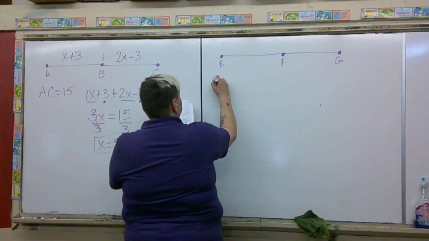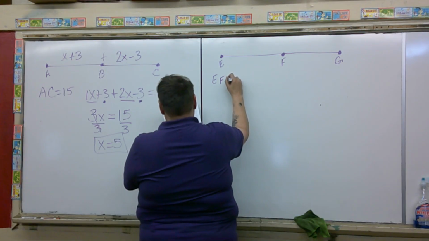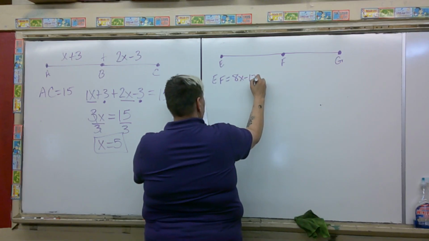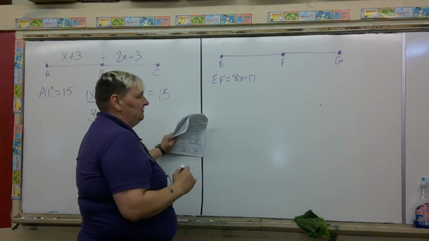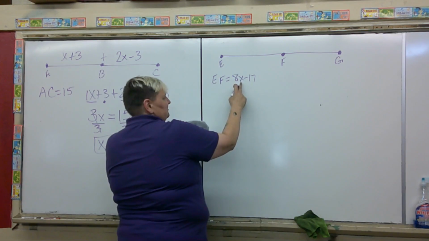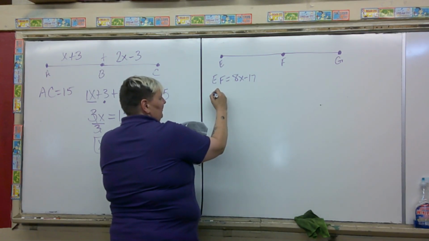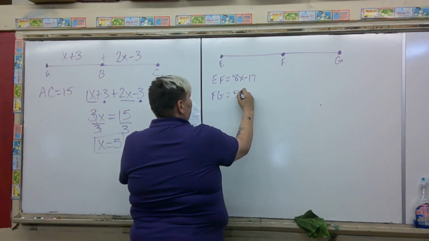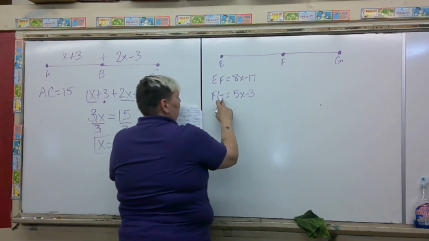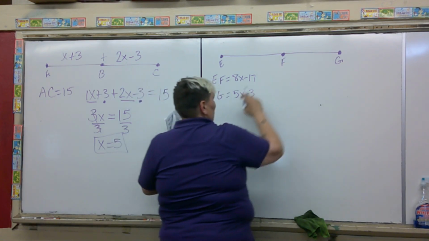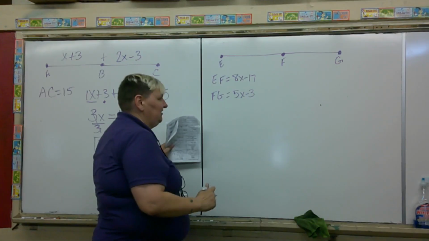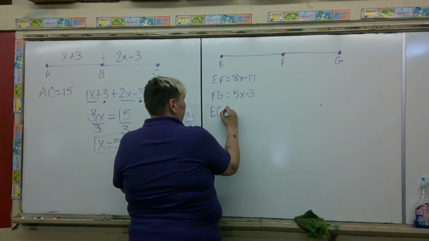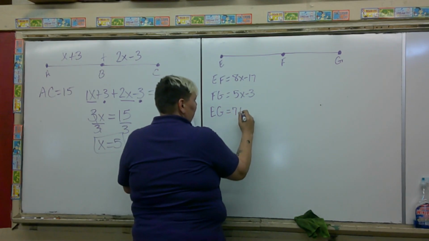They're going to tell us that E to F is 8x minus 17. So this piece is 8x minus 17. They're going to tell us that F to G is 5x minus 3. So this piece is 5x minus 3. And they're going to tell us the total, EG, is 71.